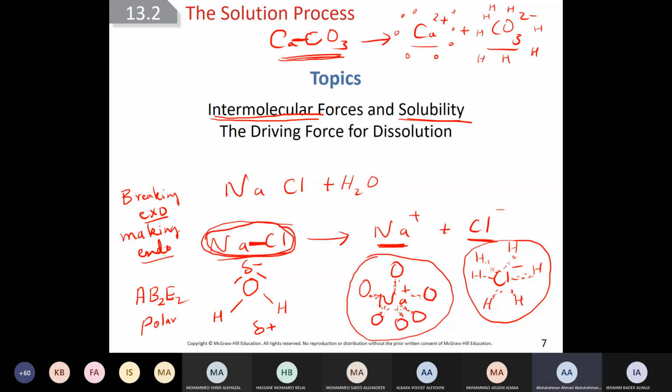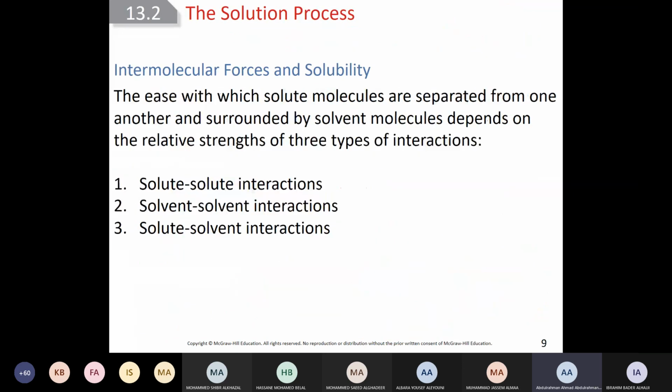What does that mean for CaCO3? The bond in CaCO3 is higher than, or stronger than, the total bonds between calcium and oxygen here, and the total bonds here, which is much weaker. And that's why this dissolves and this does not dissolve. All right, that's exactly what is happening here.